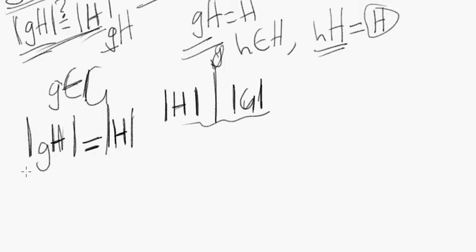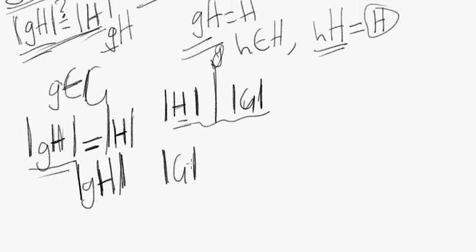But notice, if gH always has the same cardinality as H, we might as well figure out the relationship between the cardinality of these cosets gH and the cardinality of G. For instance, if we found out that the cardinality of these cosets divides the cardinality of G, then we'd know also the cardinality of H divides the cardinality of G, because ultimately the cardinality of gH is the same as the cardinality of H. We just established that here. Okay. So these cosets are turning out to be pretty interesting. Well, what else can we realize?